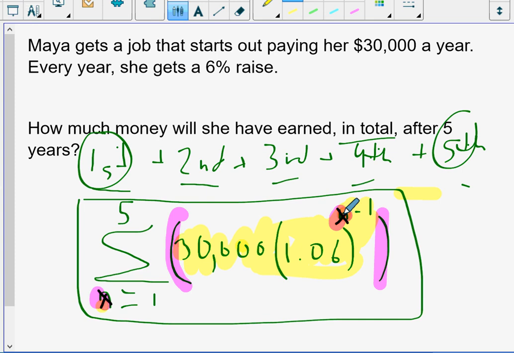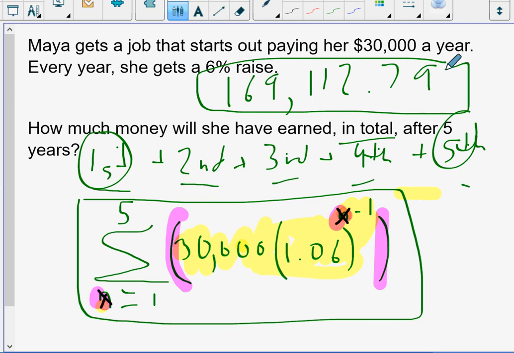I got $169,112.79. Is that what you guys got? And again, anytime that we work with money, unless they give us different rounding instructions, we should round to the nearest cent.